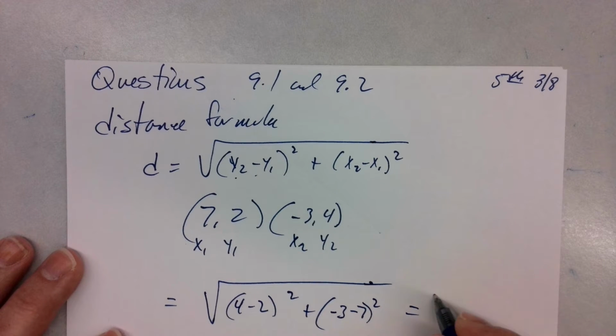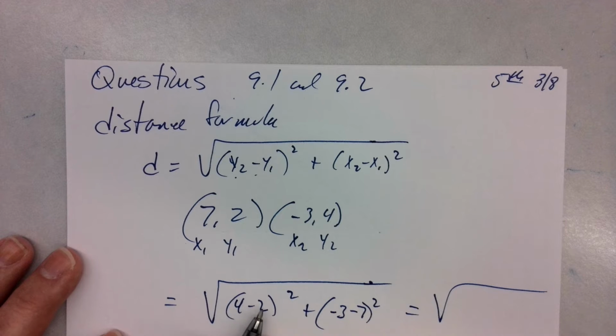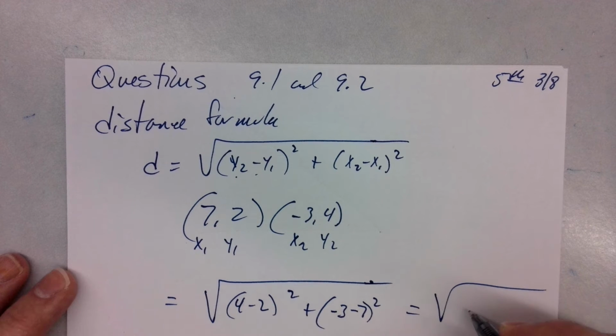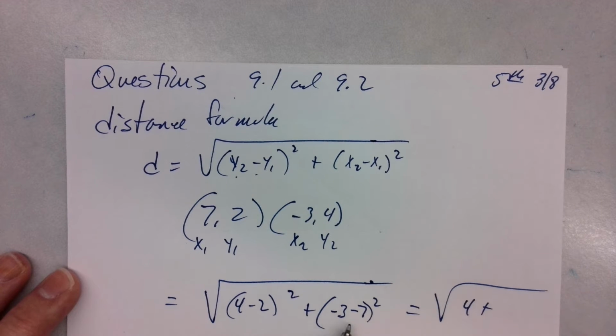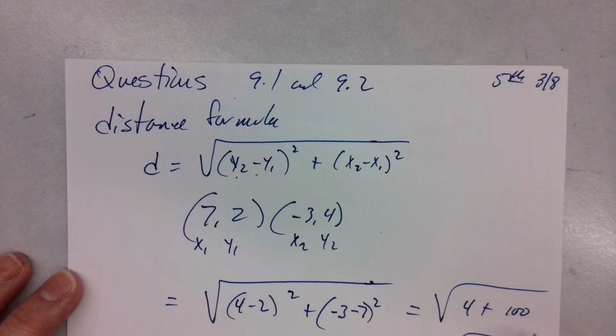That's the square root of 4 minus 2 is 2, squared is 4, plus -3 minus 7 is -10, squared is 100, and that gives me the square root of 104. Then what do I do here? I make sure I see if I can simplify that, right? That is 2 root 26.